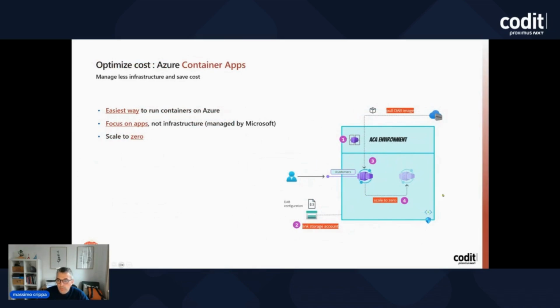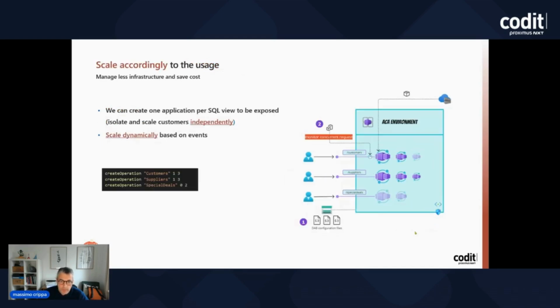So here, in order to run DAB on Azure Container Apps, I need to link a storage account to the Azure Container Apps environment, deploy my image into Azure Container Apps, and then upload the DAB configuration file into this storage account, and then the Azure Container Apps will pull this file from the mounted storage.